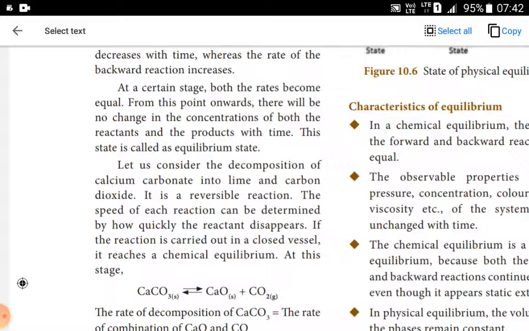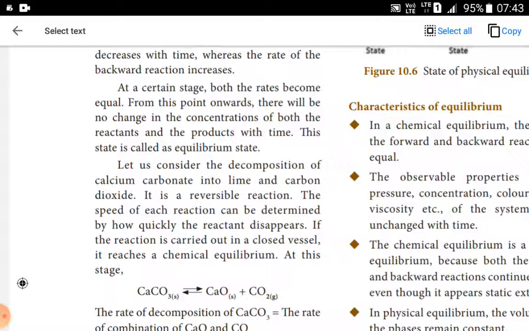Calcium carbonate decomposes into calcium oxide and carbon dioxide. Calcium carbonate is solid, calcium oxide formed is also solid, and carbon dioxide is a gas. Normally this carbon dioxide is going to be evolved and released out, if the reaction takes place in an open vessel, an open test tube.